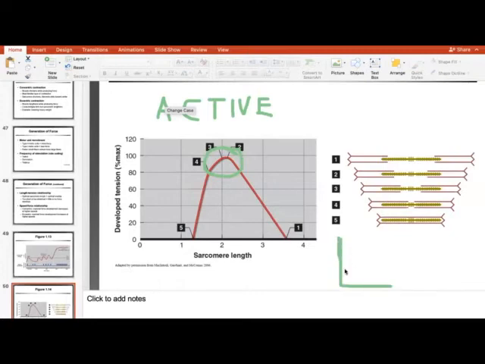Because at 90 degrees, my bicep has the greatest overlap between my actin and myosin. The further my arm gets extended, or the further my arm gets contracted, the fewer actin and myosin cross bridges there are, until finally I cannot produce any force when my muscle is completely contracted, and I cannot produce any force when my muscle is completely extended.